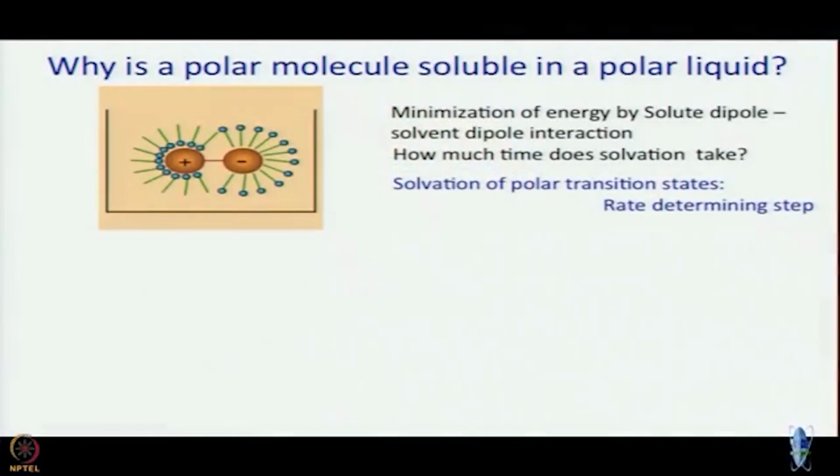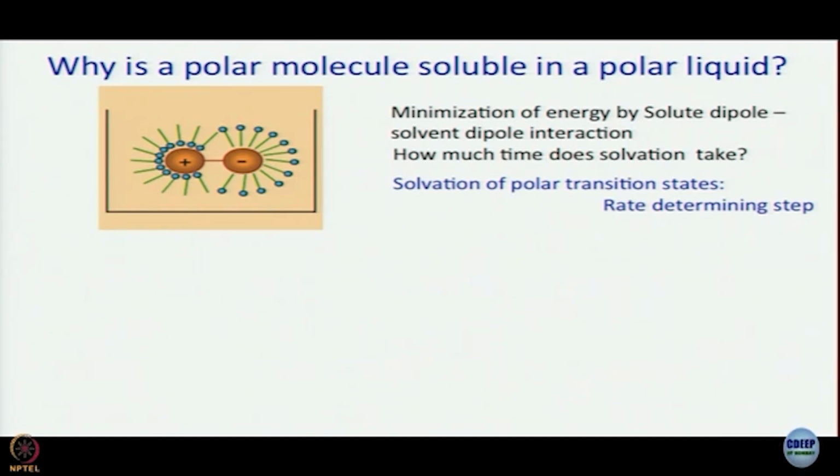We have seen an example of such a polar transition state in the case of, say, DMABN in the last module. So, solvation of these states is often the rate determining step. If you know solvation dynamics, in principle you should be able to tell how much time a reaction takes. So this is a very important step in understanding reactions that take place in solutions.